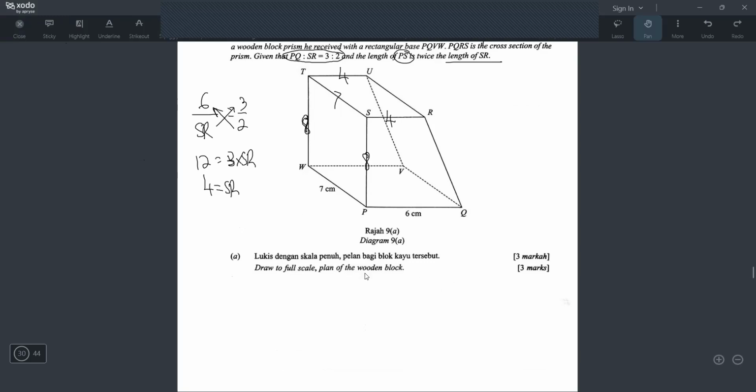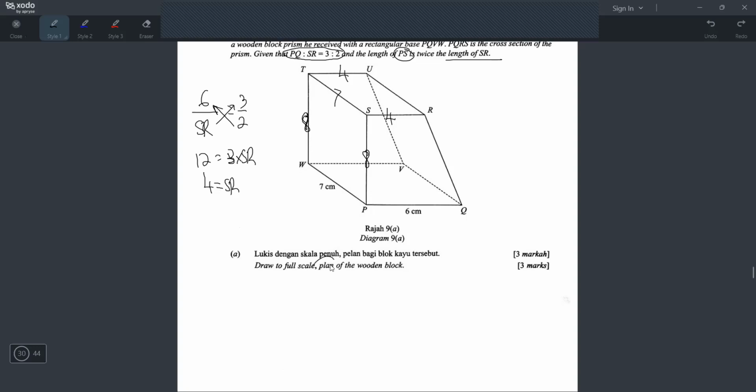Now they say draw to full scale the plan of the wooden block. What does it mean by plan? Plan means you have to draw from the top view. You are drawing the top view, means you tengok dari atas. So when you tengok dari atas, apa you nampak? You will nampak this surface, right? But there's actually another surface. This surface also you can see it. Because if you look carefully, this is 6 cm, this is 4 cm.